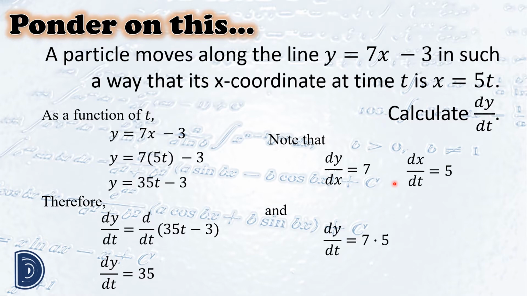Also, notice that dy over dt is equal to 7 times 5, when we have dy over dx multiplied by dx over dt. This example works because the derivative of a composite function g compose f of two differentiable functions is the product of their derivatives. From this observation, let us state formally the chain rule.